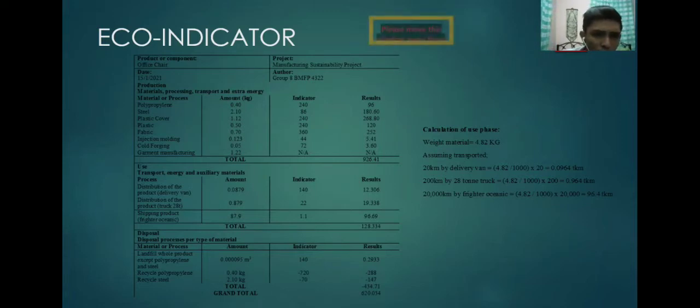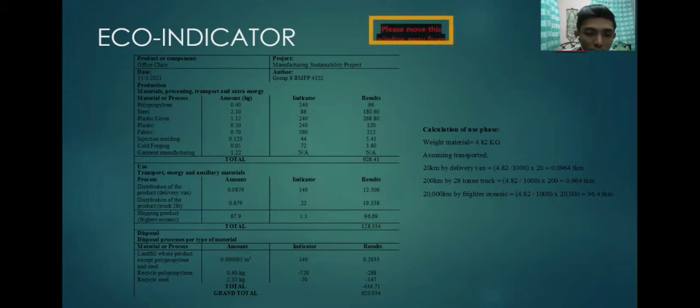For the use of transport, energy, and auxiliary material, the total is 128.334. For the disposal, like landfill of the wool product and recycling of polypropylene and steel, the total is 434.71.